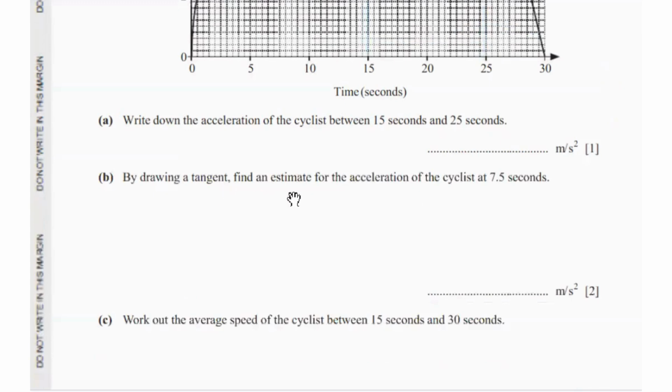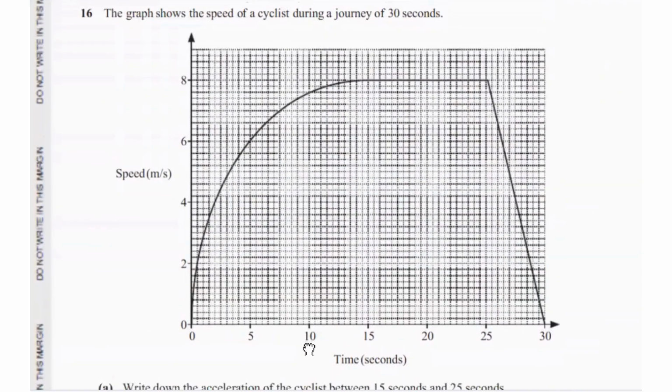By drawing a tangent, find an estimate for the acceleration of the cyclist at 7.5 seconds. 7.5 is going to come at, this is 6, this is 7, so this is 7.5. So we have to draw a tangent at this point. This is a tangent.